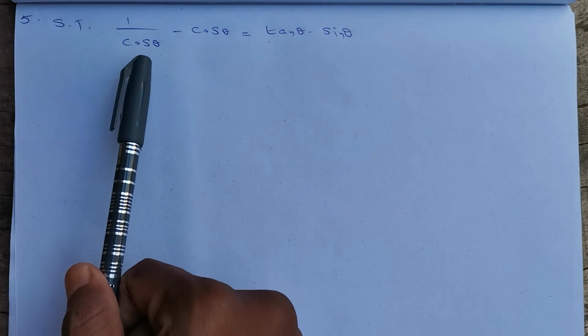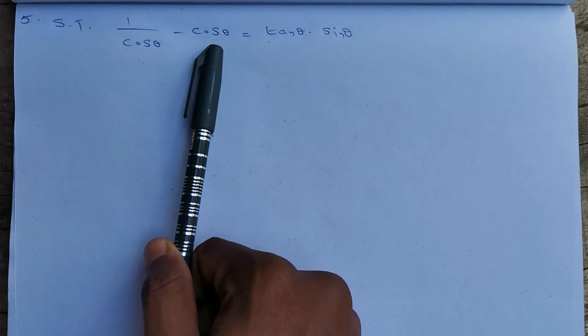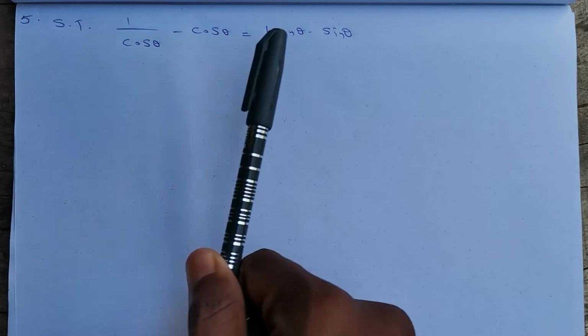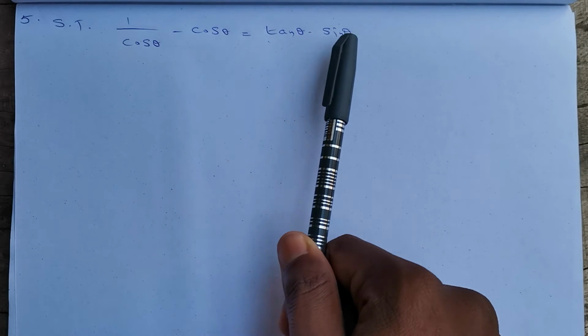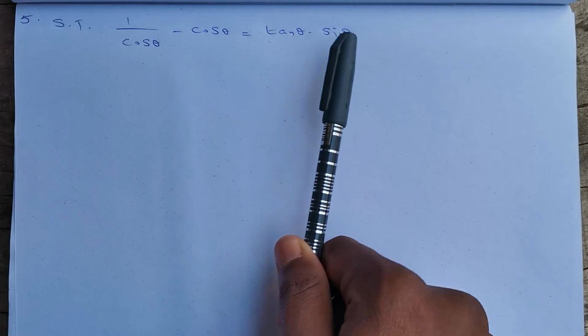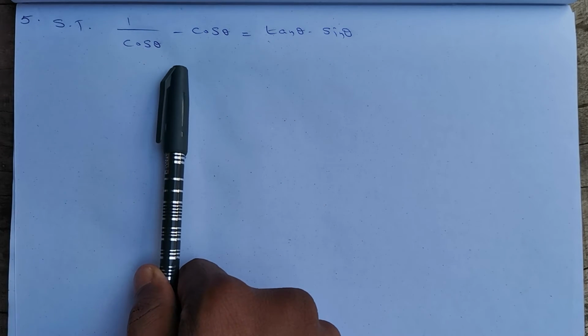Next, question number 5 is show that 1 by cos theta minus cos theta is equal to tan theta into sin theta. If we observe the LHS, 1 by cos theta is one term and cos theta is the second term, so total two terms. Whereas in the RHS, tan theta into sin theta is only one term. So on the LHS also we need to make it a single term.